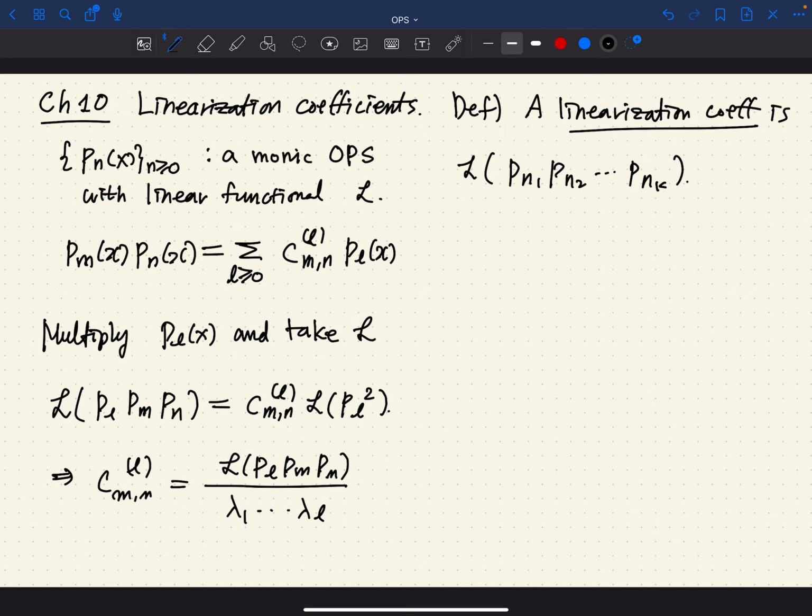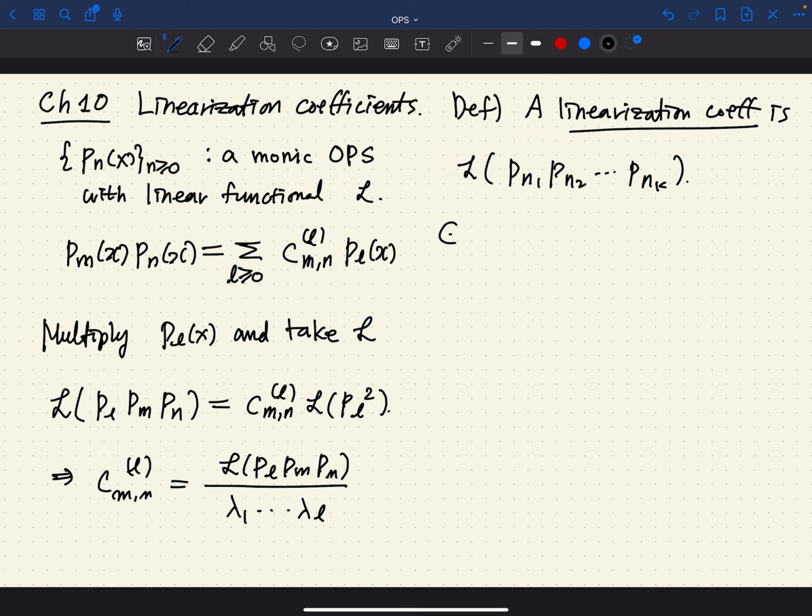Okay. If k equals 2, we multiply two polynomials, it's just orthogonality. So the goal in this chapter is to find a combinatorial interpretation for the linearization coefficient, but not in the general case, only for some special cases.